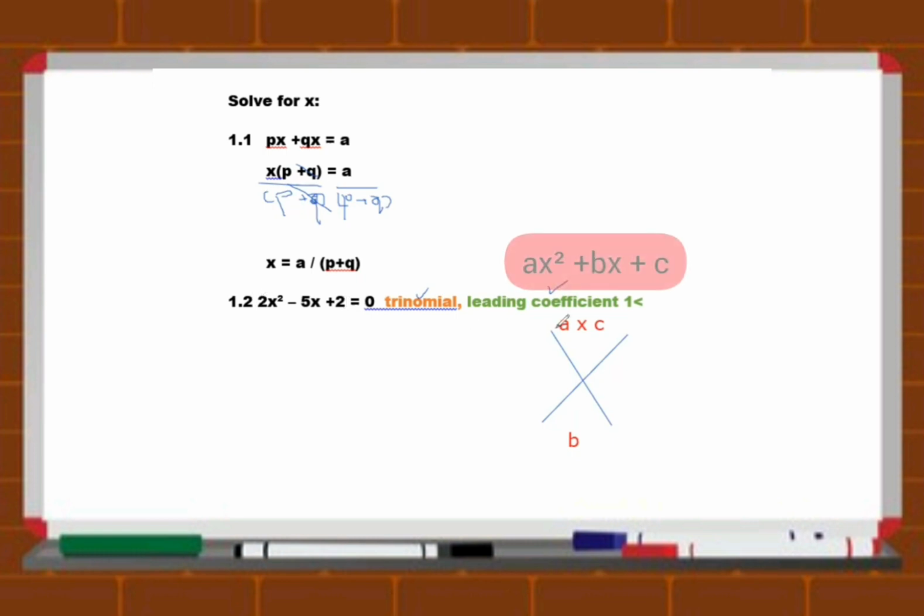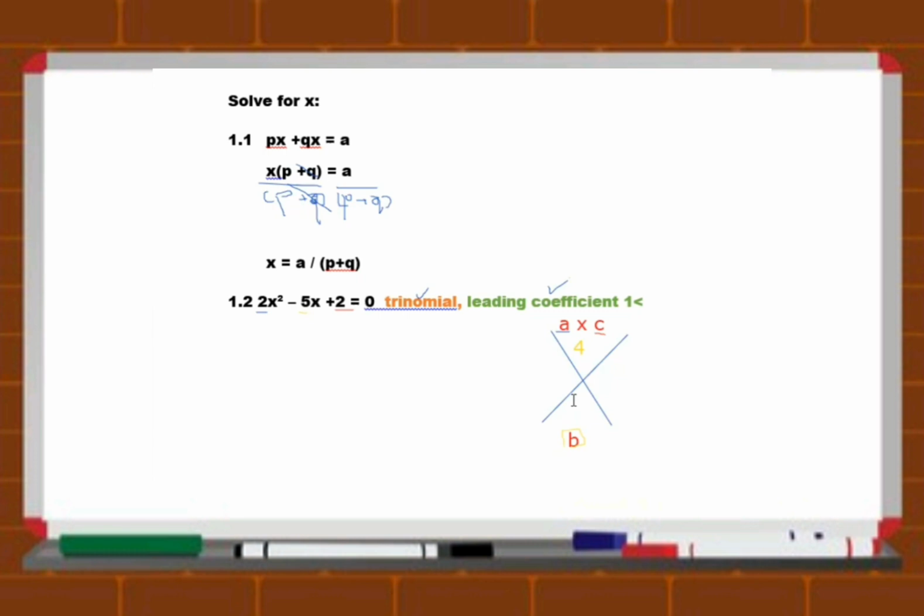A is this one, b is this one, and then c, let me choose a different color, c. So 2 times 2 will give you 4. So a times c is 4, and then b is equal to minus 5.